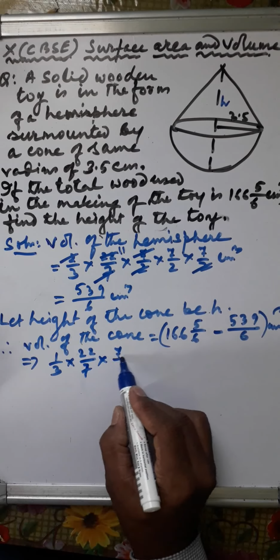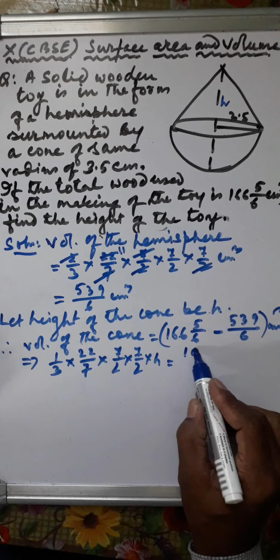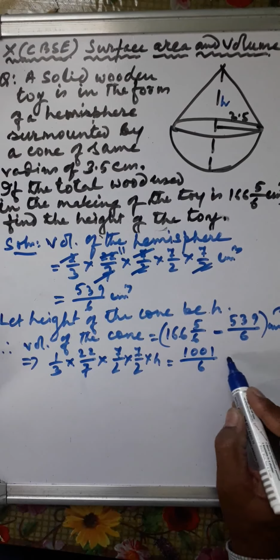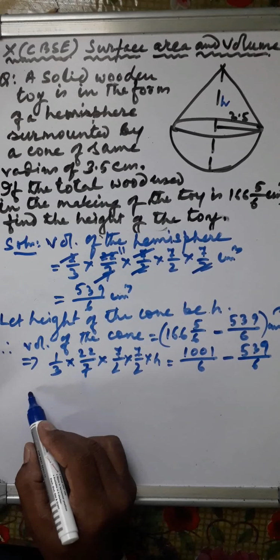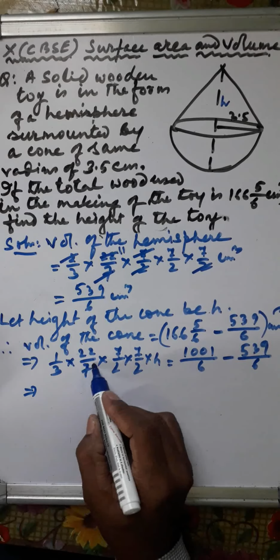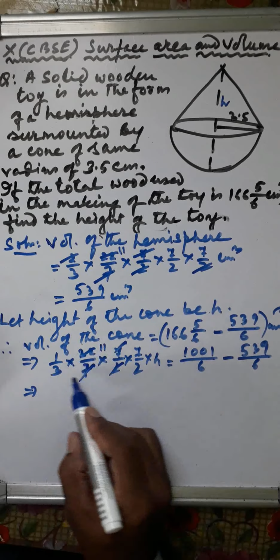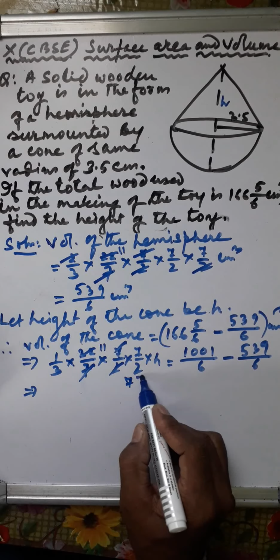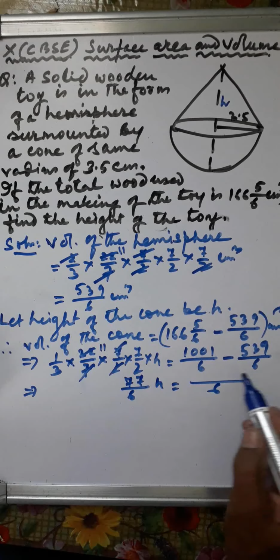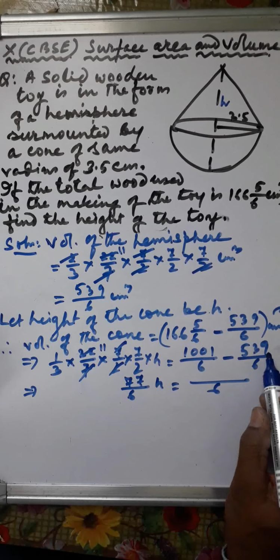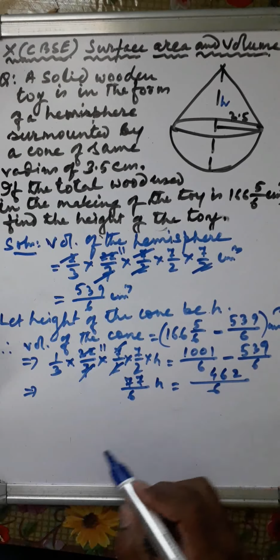R square is 7 by 2 into 7 by 2, into h, and this is 1001 by 6 minus 539 by 6. So this implies, cancel 7, cancel, it is by 11, so 77 by 6 h is equal to, take the 6 common, the LCM, you will get 462 by 6.